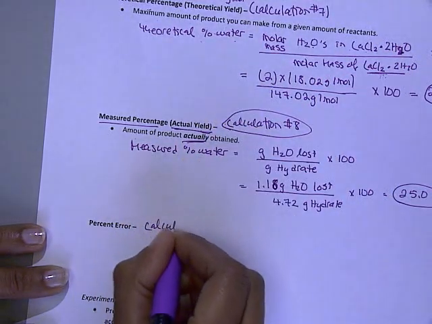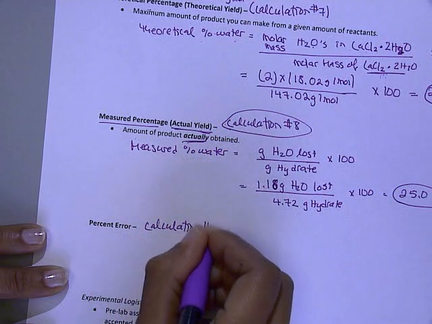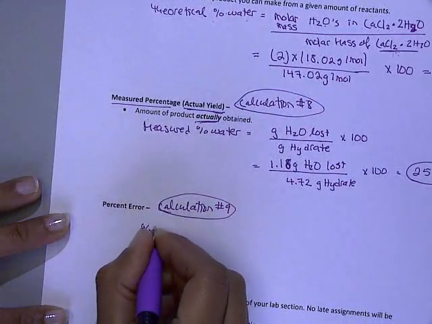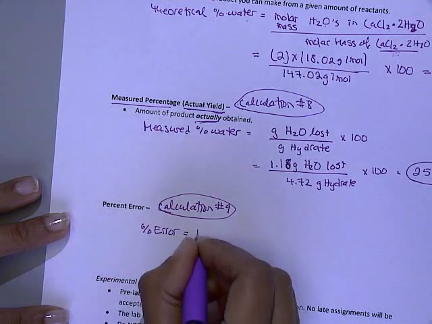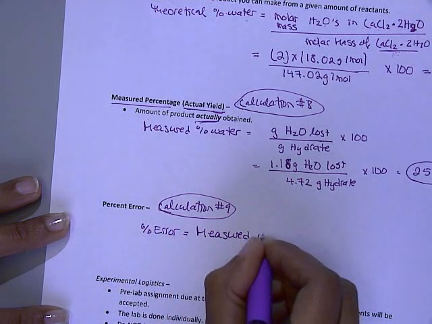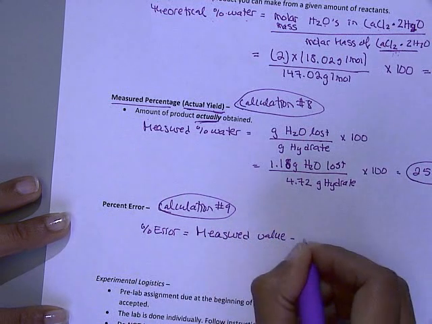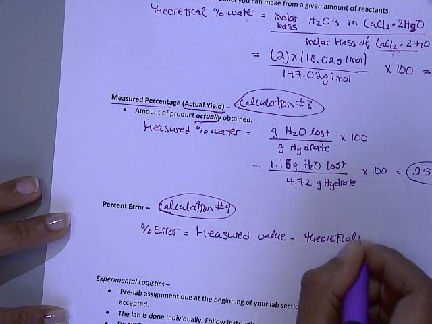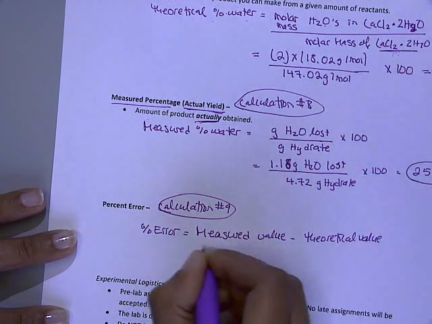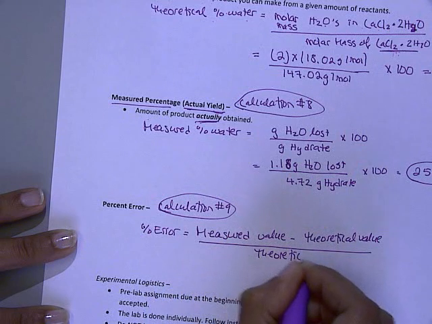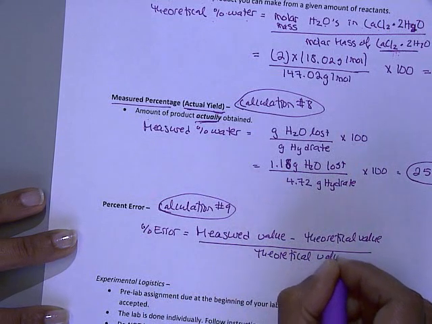Calculation number 9 wants us to calculate our percent error. So our percent error is defined as our measured value minus our theoretical value over theoretical value.